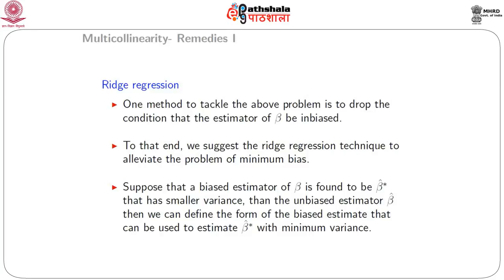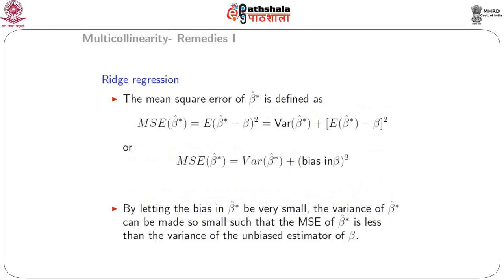The mean square error of beta hat star, which is the biased estimate of beta, is defined as the expectation of (beta hat star minus beta) whole squared, which can be written as the variance of beta hat star plus (the expectation of beta hat star minus beta) whole squared. That is, MSE of beta hat star equals the variance of beta hat star plus the square of the expected value of beta hat star minus beta, where this difference is called the bias.